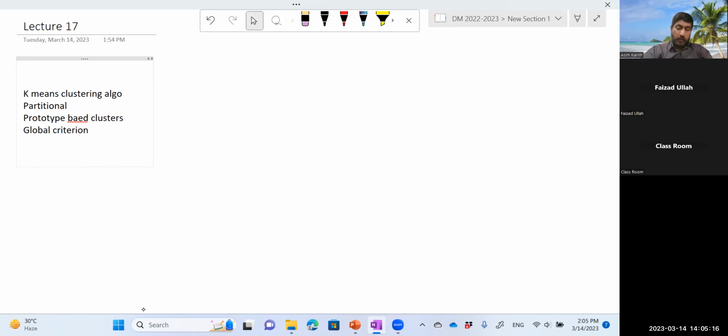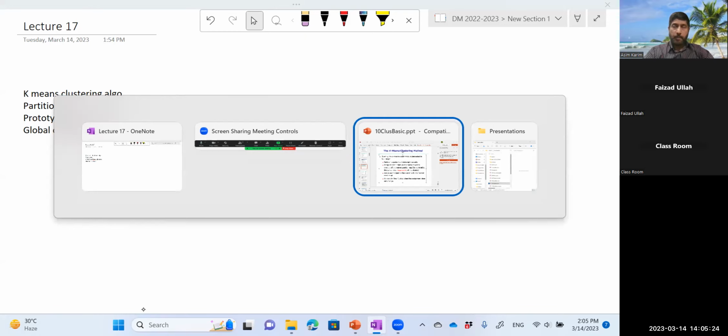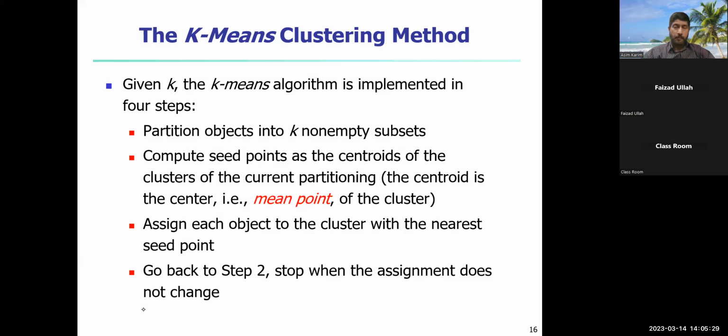Okay. We discussed the algorithm last time. So very quickly again, the very simple pseudocode of the k-means clustering algorithm is given in this slide. We have to take as input k, which is the number of clusters.